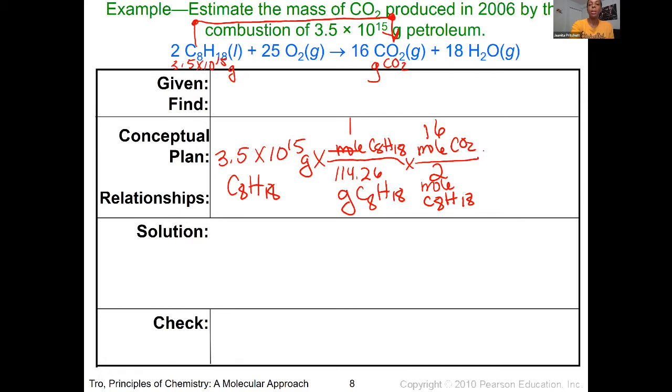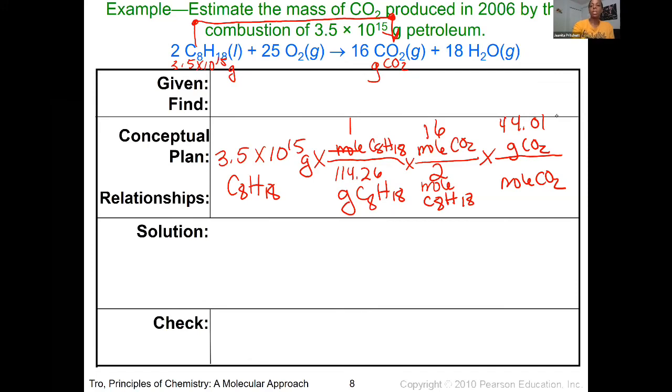And then last step, now if I want to get to grams, I would put moles of CO2 on the bottom, and then the grams of CO2 on the top, bearing in mind the total, which would be 12.01 plus 16 times 2, or 32, gives us 44.01.